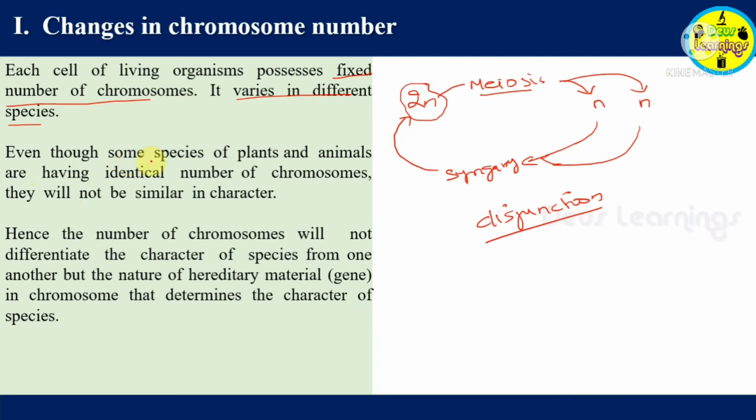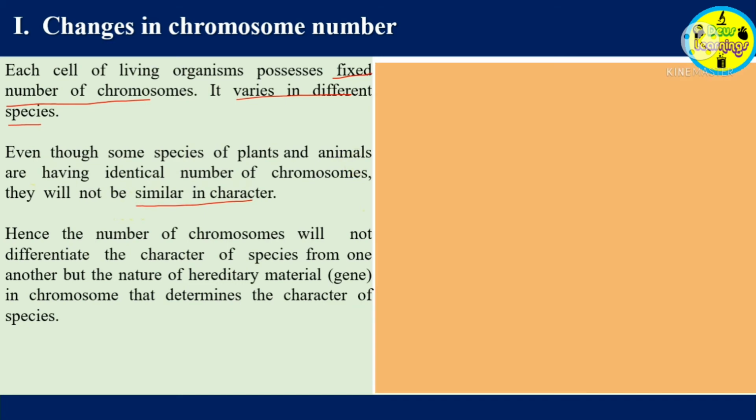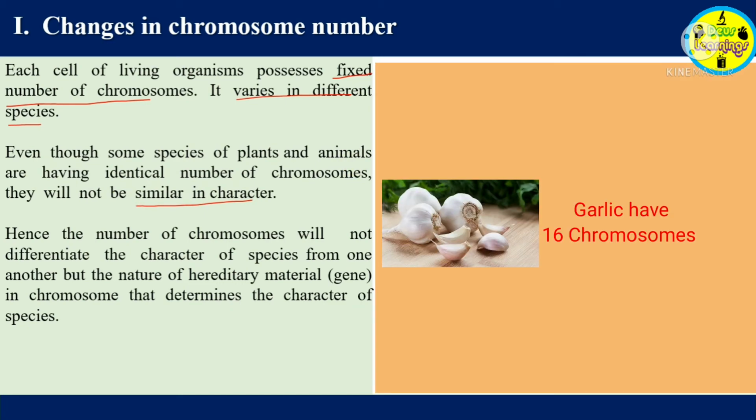Even though some species of plants and animals have identical numbers of chromosomes, they will not be similar in character. That's important. Consider a plant and an animal.